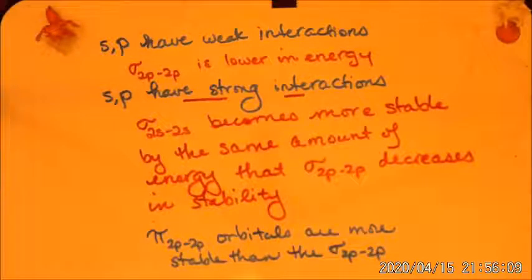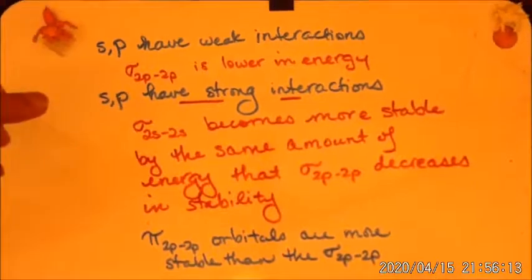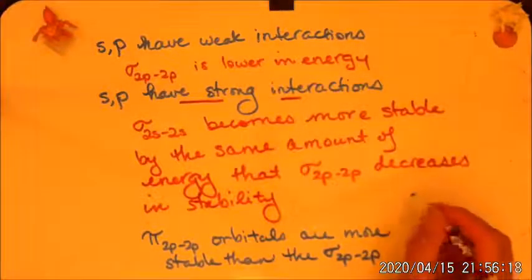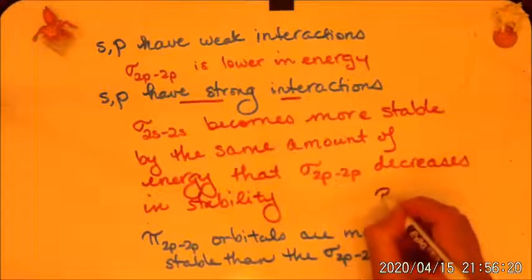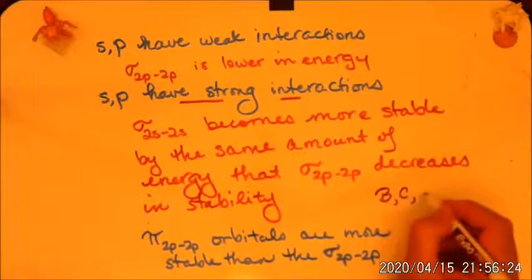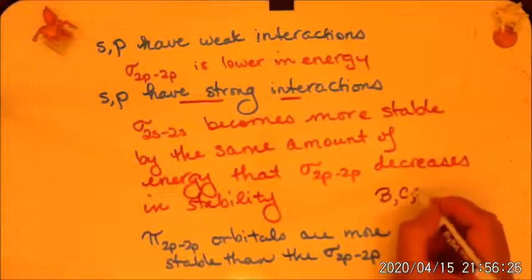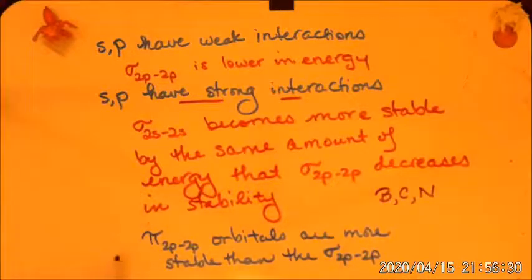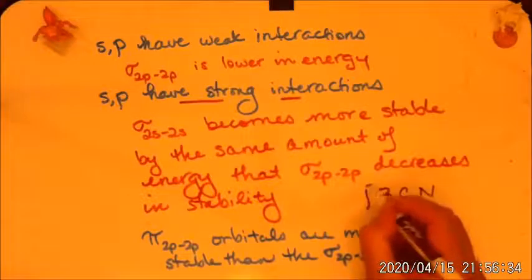Okay, now before we draw the diagrams, just be aware what elements have weak interactions and what elements have strong interactions. So boron, carbon, and nitrogen, these all have strong interactions. Okay?